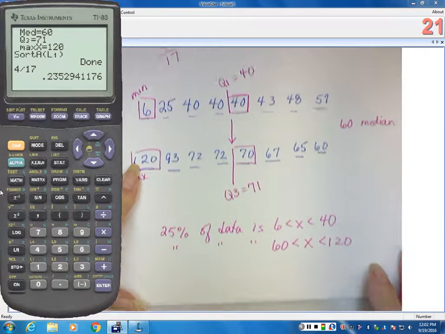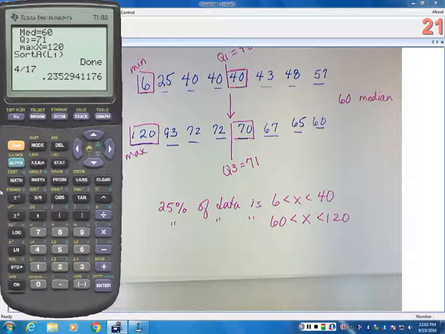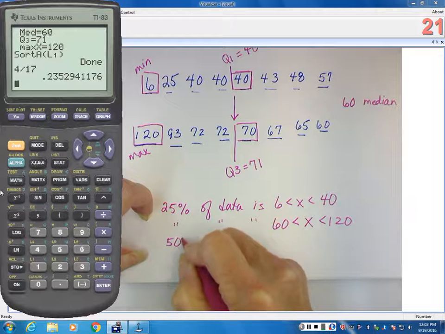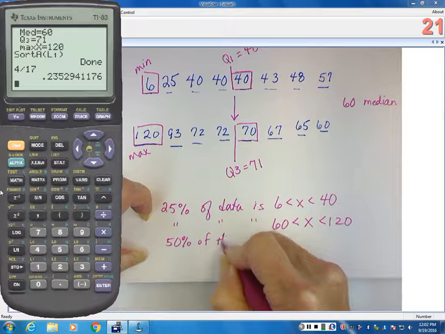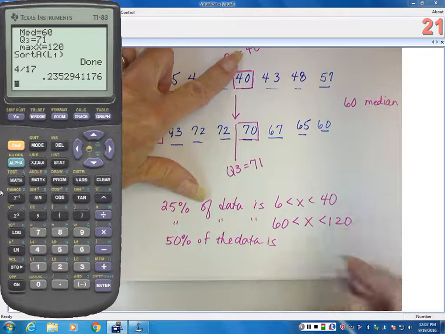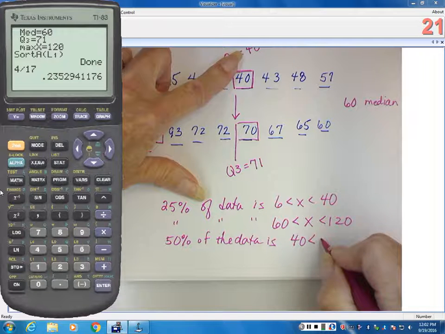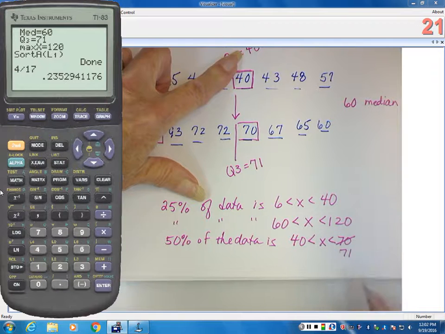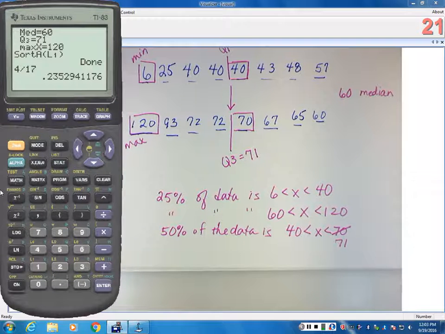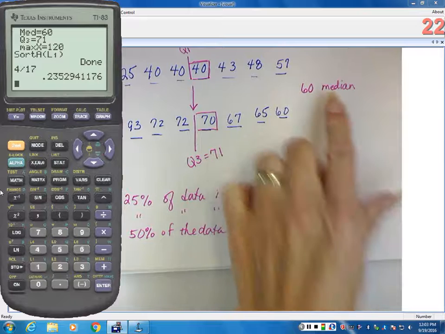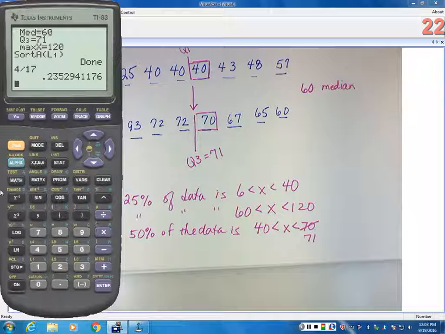But a more important thing to say, and this is since we talk a lot about measures of center, is that 50% of the data is between 40 and 70 or 71. You can find the range of the data automatically from this. You have a good measure of typical from this because the median was 60, and if you remember, the mean was 57.5.